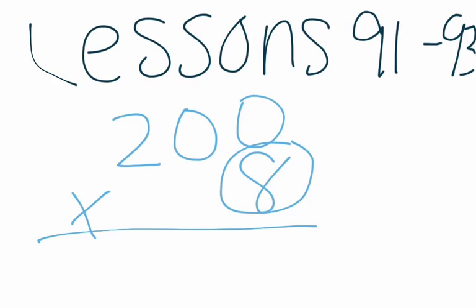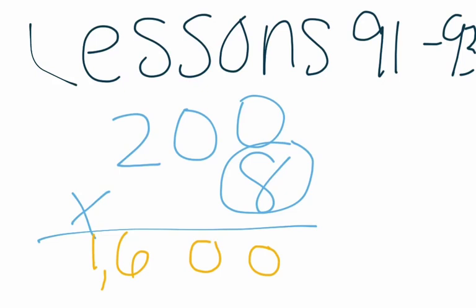So let's multiply 200 times 8. 0 times 8 is 0, 0 times 8 is 0, and 2 times 8 is 16, making our answer 1,600.